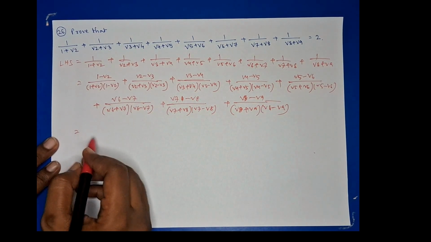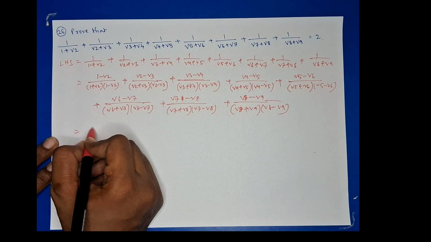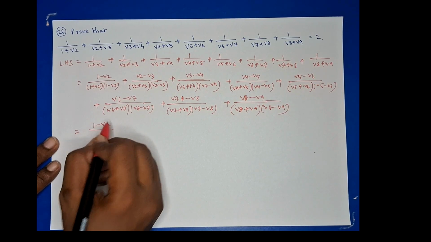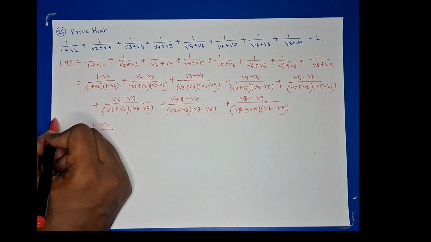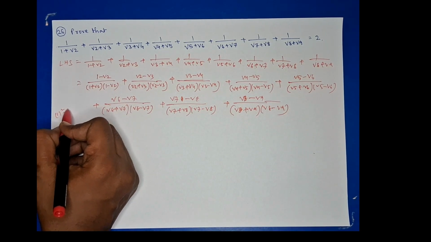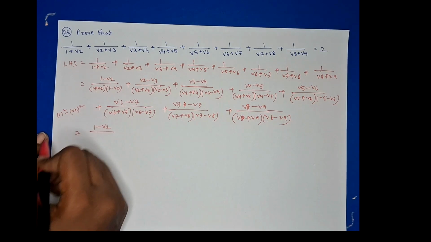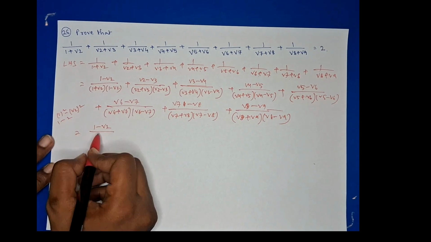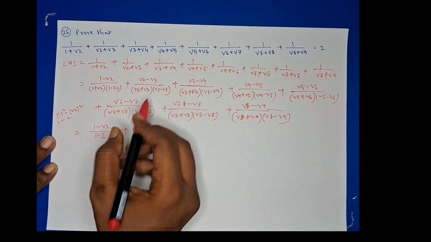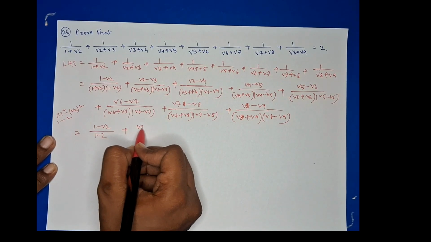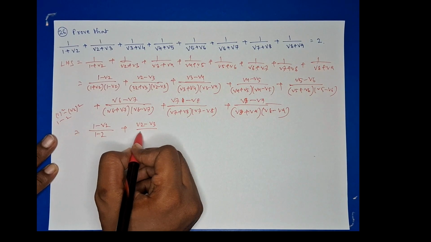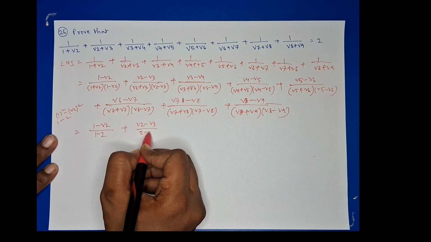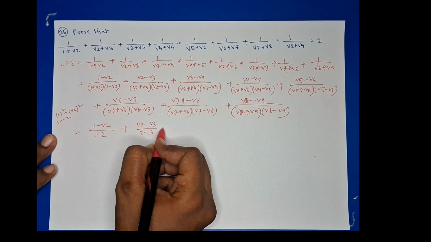So what we are going to do, I'll do one step jump, just be with me. This is equal to a plus b into a minus b. That means 1 square minus root 2 square, that means 1 minus 2. So I'll write 1 minus 2. Similarly, what will be this? Root 2 minus root 3 by root 2 square minus root 3 square. That means root 2 square means 2 and root 3 square means 3.